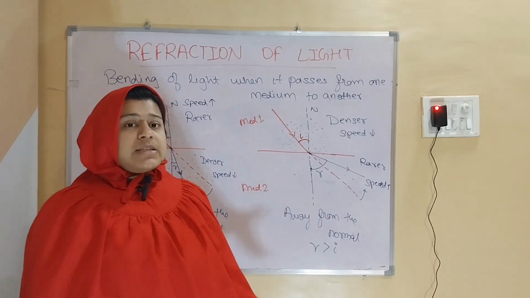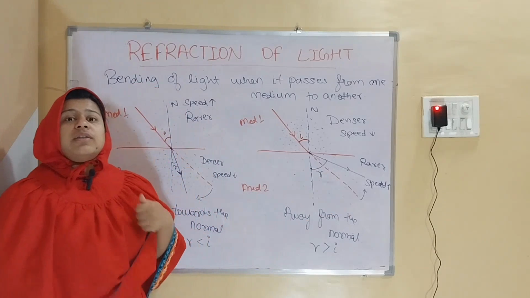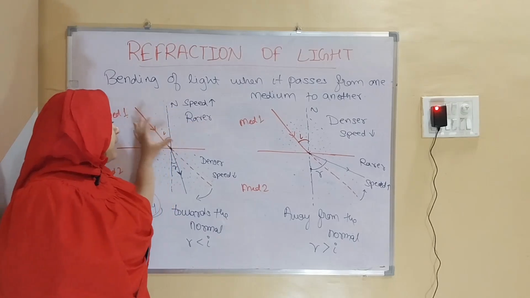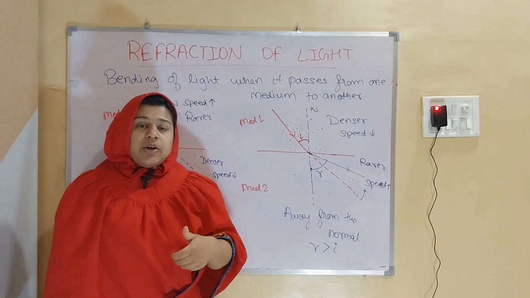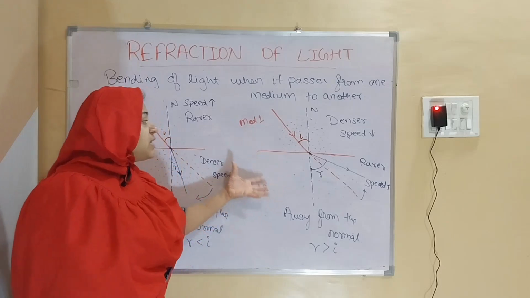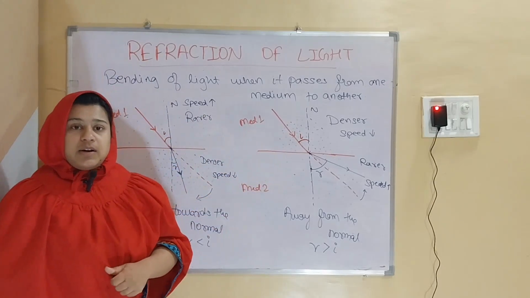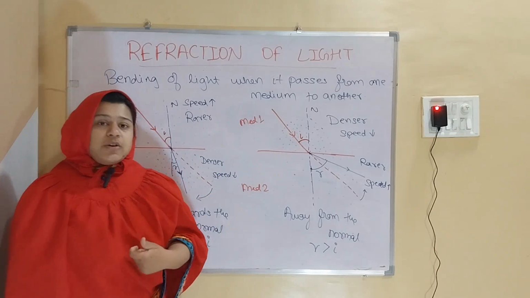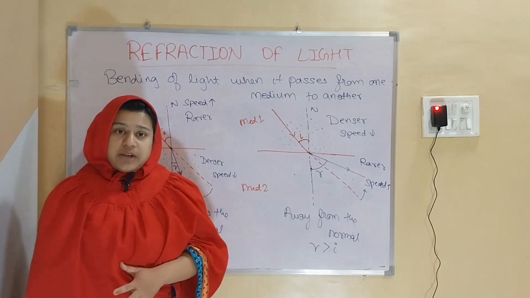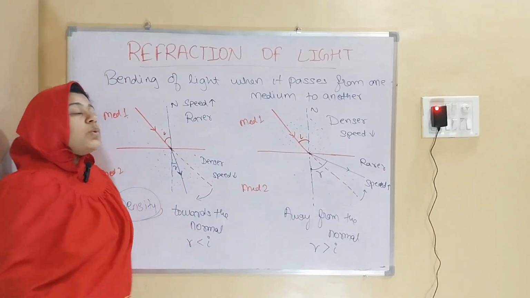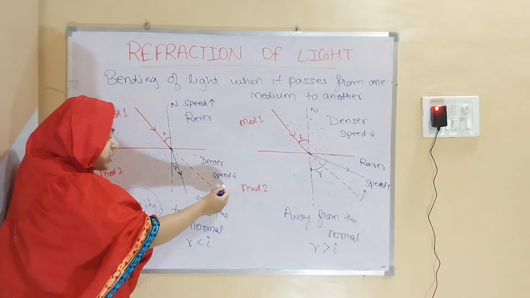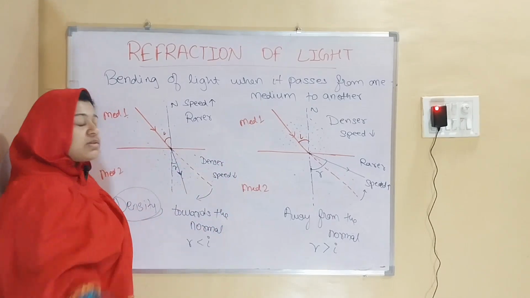So speed is the major factor for refraction to take place. So speed of light जब एक मीडियम से दूसरे मीडियम में लाइट रे जाती है और जब उसकी स्पीड चेंज हो जाती है, the speed of light changes, so this is the reason for refraction to occur. इसलिए रिफ्रैक्शन होता है, लाइट रे बेंड हो जाती है, that is there is a change in direction of light ray. Okay, so when the light ray goes from a rarer medium to denser medium, its speed reduces and the light ray bends towards the normal.